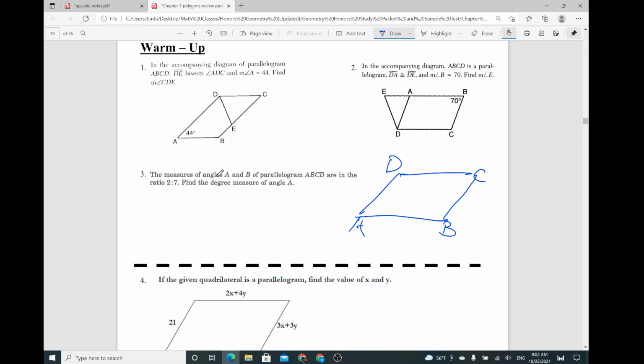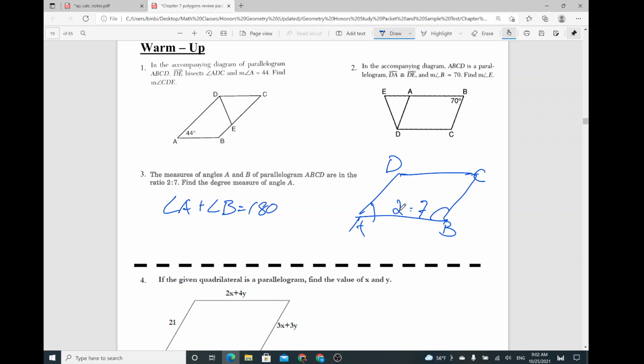We do know that the ratio of the measures of A and B is 2 to 7. Find the degree measure of angle A. One thing we notice is that the sum of those two angles is supplementary, because that's one of the properties of a parallelogram.